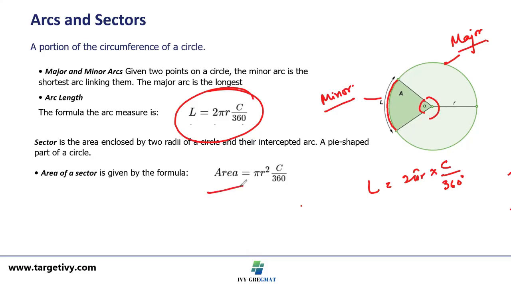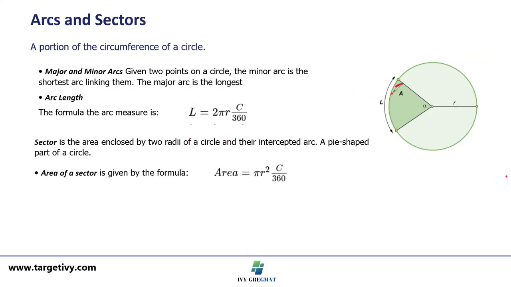Similarly, the area, but the arc makes something called a sector. The area of a sector is pi r square, which is the total area, times C by 360, where C is the angle alpha.